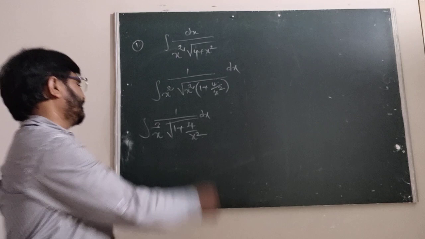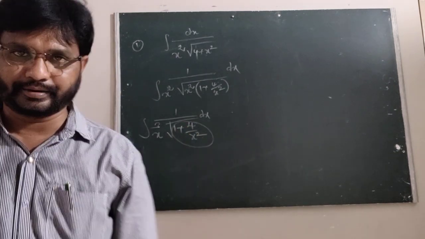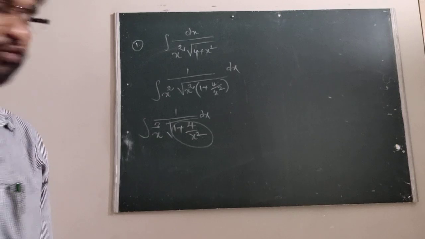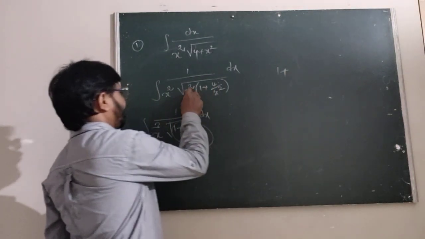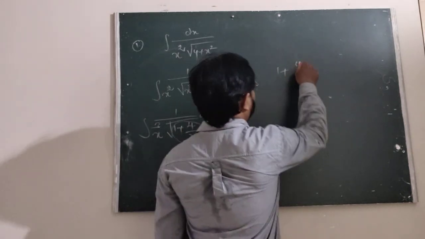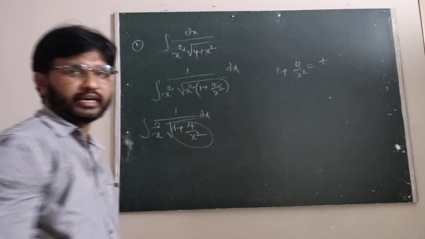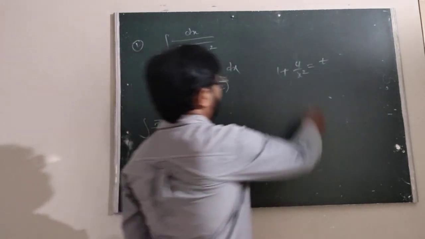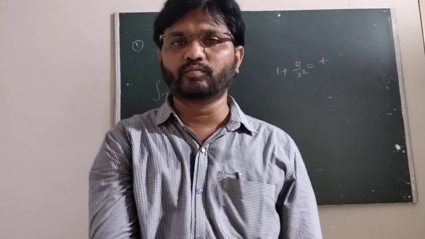Now we take this under root part as t. First of all, you have to take x square, then we are taking 1 plus 4 by x square as t. Now we differentiate on both sides.